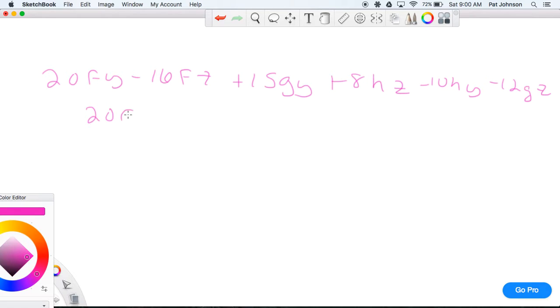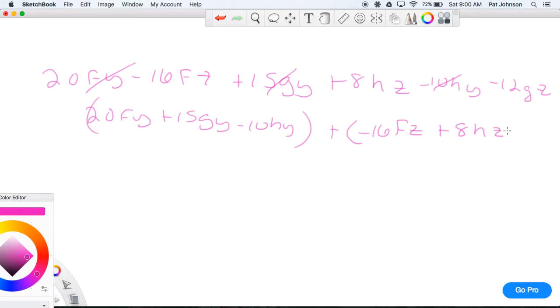So you have to use the commutative property here to rearrange, and then the associative property. And then what do I have left? Then I have plus negative 16fz plus 8hz minus 12gz. The first group has a common factor of y and of 5, and I'm left with 4f plus 3g minus 2h.